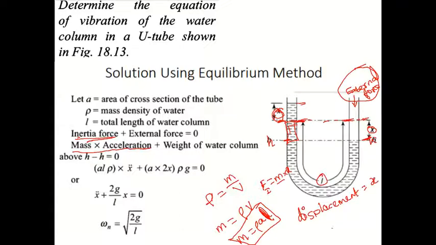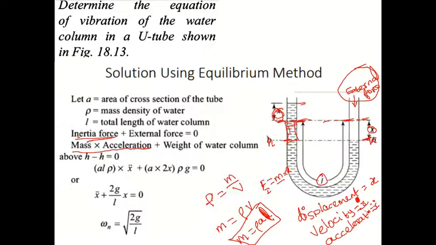If you differentiate the displacement one time, you will get velocity, x dot, that is dx by dt. If you differentiate the velocity once again, you will get the acceleration, x double dot, that is d square x by dt square.